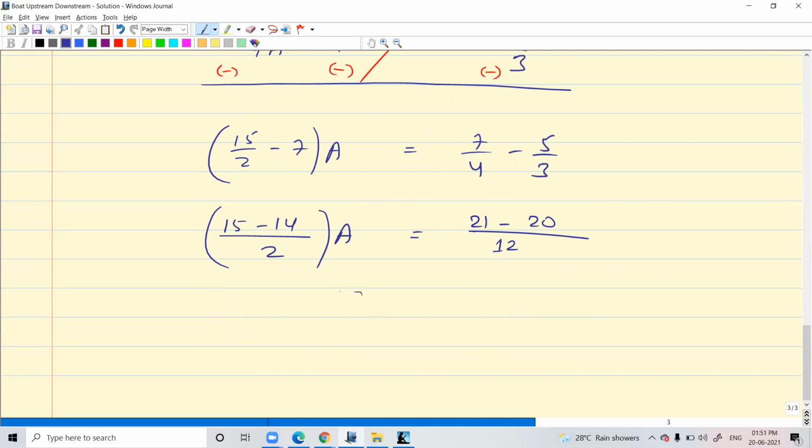So 1 into A will become A by 2. And this is also 1 by 12. Send this 2 to the other side. It will become A is equal to 2 by 12. When you cancel it, it will become 1 by 6. So now we know A is equal to 1 by 6.